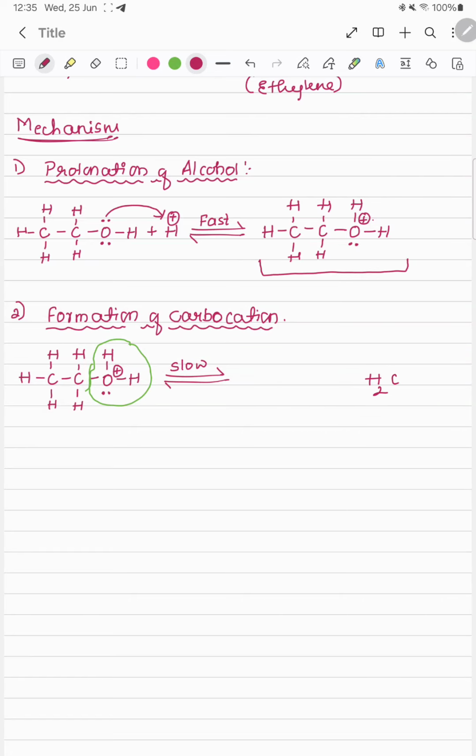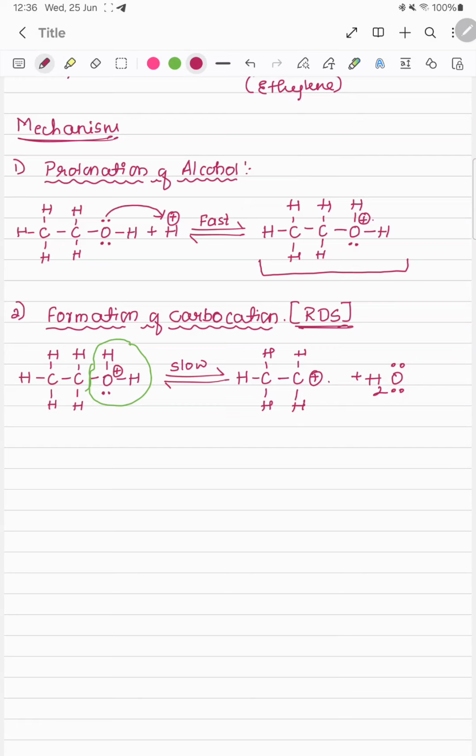Hope you can notice that. The entire molecule will be eliminated as what? H2O. Then what is left? CH3, CH2, and since carbon is losing the electron, it will have a positive charge. Since the second step is a very slow step, this step is a very important step and it is called as the rate determining step. The entire mechanism depends on the stability of carbocation formation.